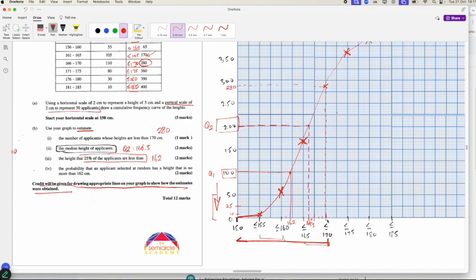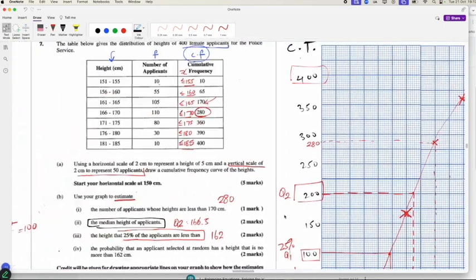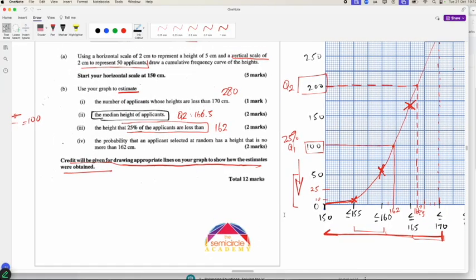So this line here showing the 170, this line here showing how I measure Q2, this line here showing the 25%, which is Q1. You will get credit for that. And if they're giving you a cumulative frequency graph, two questions that they will ask you: the first one is for Q2, and the second one is a probability question. They will ask you these things.